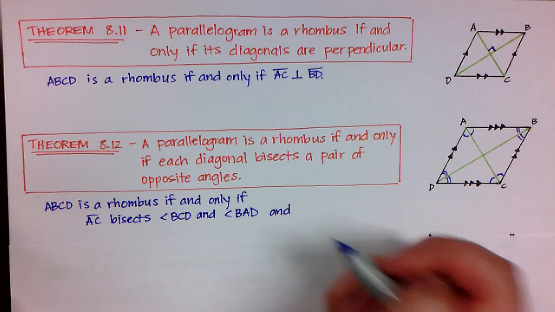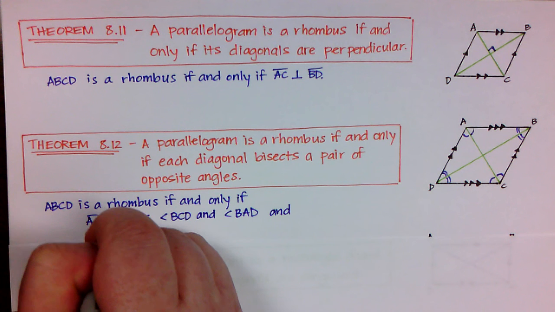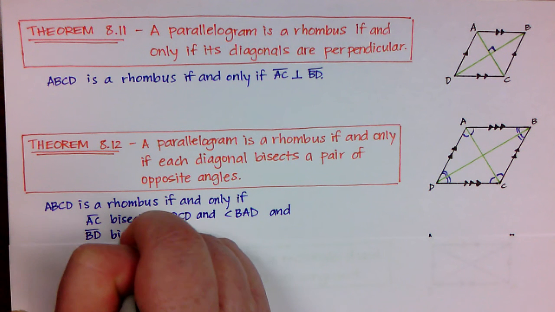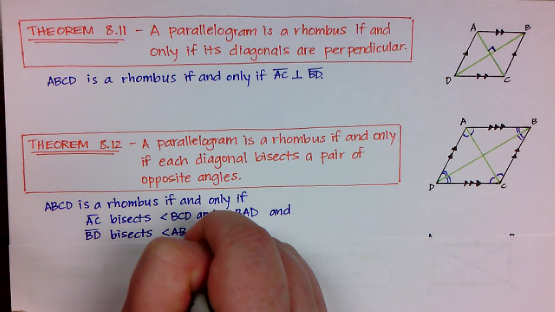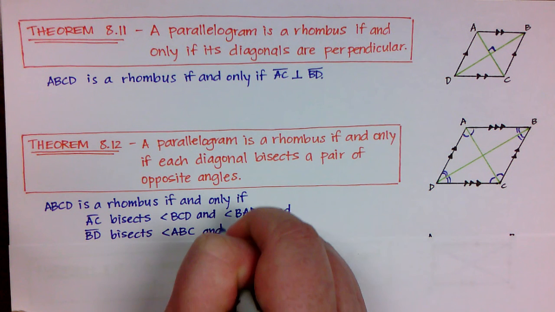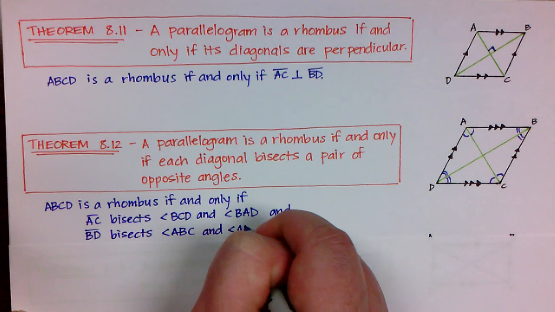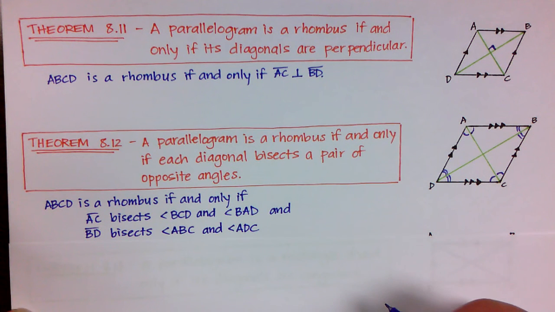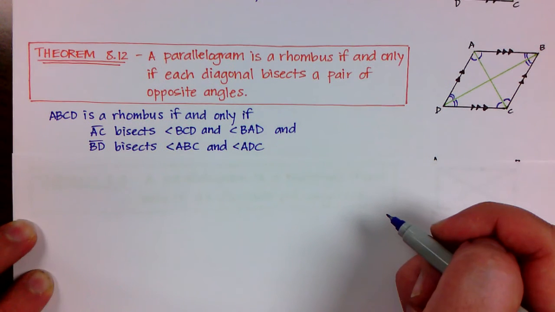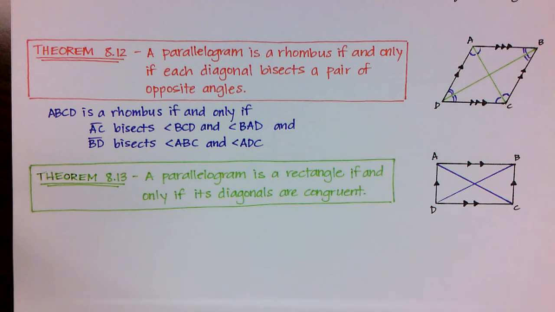And the other diagonal, which is BD, bisects angle ABC and angle ADC. Okay? Awesome. Let's move on to our third theorem, and then we're going to be done for the day.